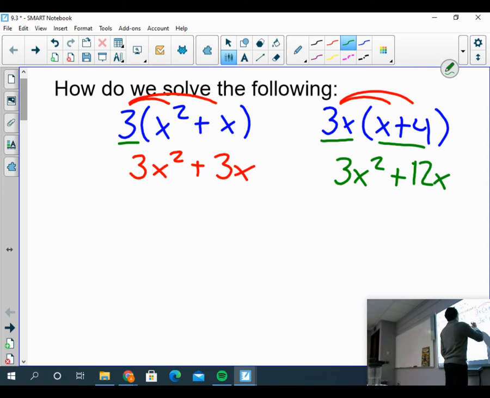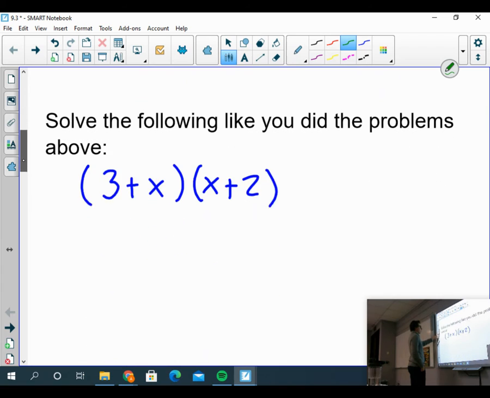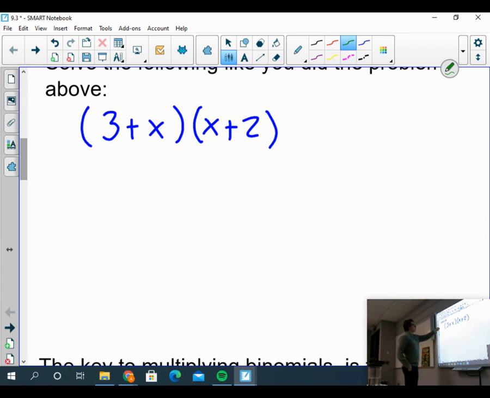Okay, and we actually did even more complicated versions of this in 9.2, where we multiplied monomials by trinomials. Okay, which are, again, all these, except for the monomials, are types of polynomials. But here we no longer have a monomial, a single term out front. Instead, we have a binomial. So how is that gonna work? Well, believe it or not, it works almost the exact same way.